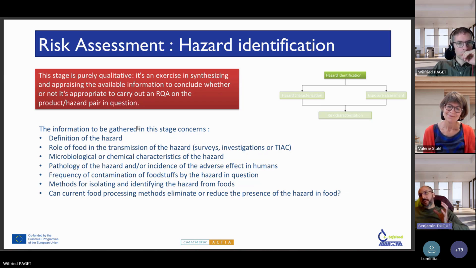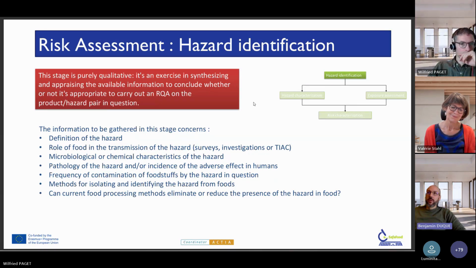So this step is purely qualitative because the main idea is to gather available data from literature, for example, to conclude whether or not it's appropriate to perform a risk analysis.